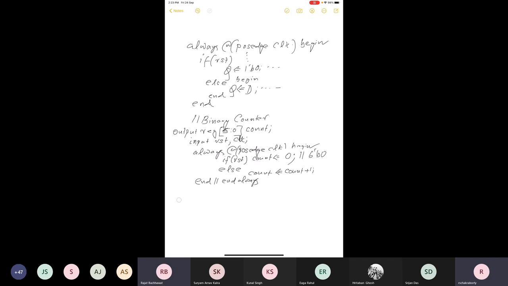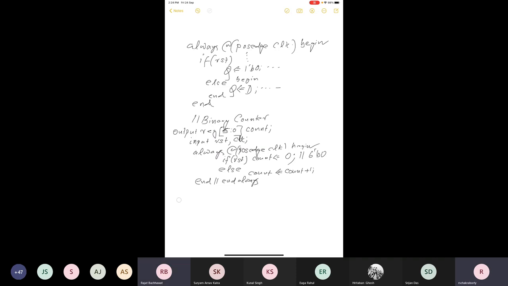If you do not define the bit width of the constant, and you do not define the base, by default the base is 10 for a constant. So this is a decimal number 0, and by default the type is an int. Integers in Verilog are 32 bits.